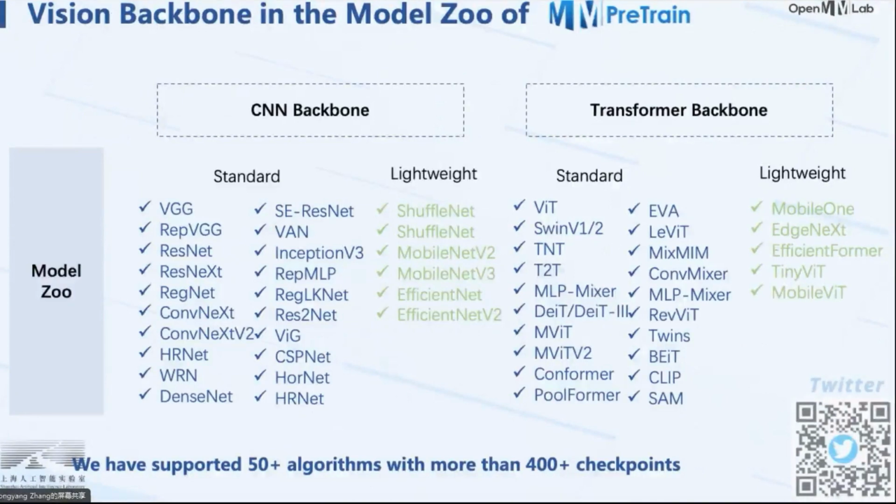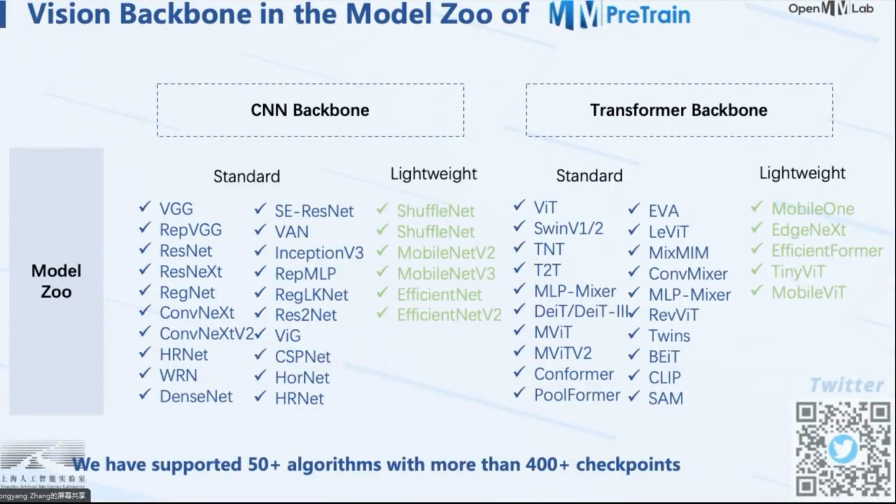Also, we support standard transformer backbones from ViT to CLIP and Swin. We also support lightweight transformers like MobileViT, TinyViT, and other works. Currently, we have supported 50 algorithms with more than 400 checkpoints.